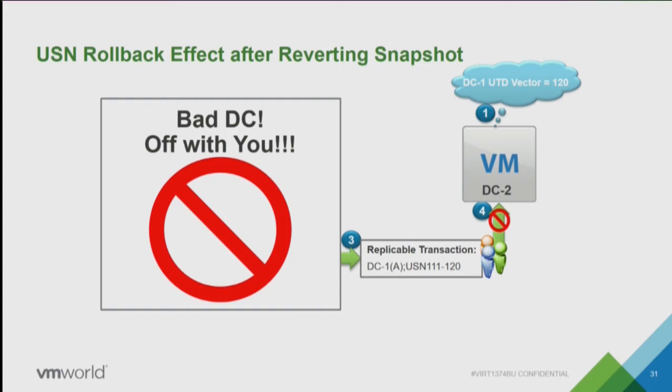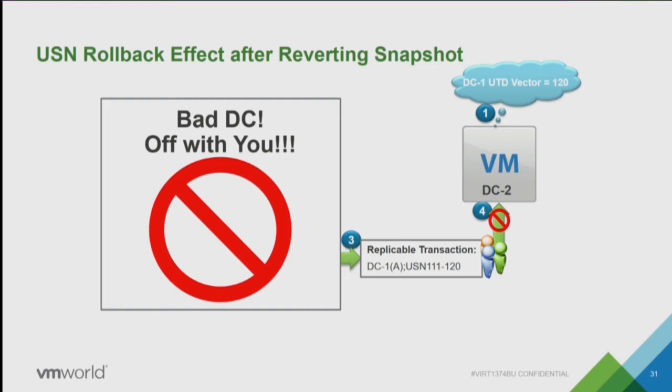If you then roll your domain controllers back by snapshot or by other things, restore from tape, and that domain controller tries to reuse a USN that's been used before and tries to replicate that to another domain controller, the safety check back in the days, I'm talking 2008 on, is this domain controller is going to say, no, I already got 120 from you. I already got that USN from you. I'm not going to accept this transaction. Obviously, something has happened to you, so now I'm actually not going to talk to you anymore.